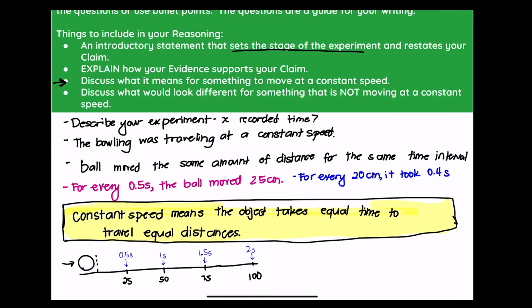So the example of it not going at a constant speed might be this could be 10, then this can be right. And so at half a second, it started off here. Then at 1 second, it was found at the 30. And then at 1.5 seconds, it was found at the 60. So then here we have equal spaces and equal time intervals. And here we don't have equal spaces, even though we have equal time intervals. All right, so then this would show that it's not moving at a constant speed.